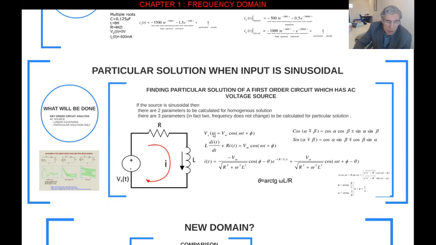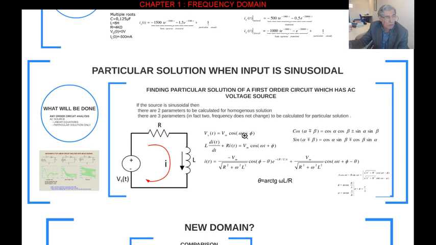So this is the given independent source. If you're going to find a particular solution of these elements, currents and voltages, it's going to be a cosine function, but the parameters will be changing. One of the parameters, which is the frequency, is not going to change, because when you take the derivative of this, it's going to be a sinusoidal function again.